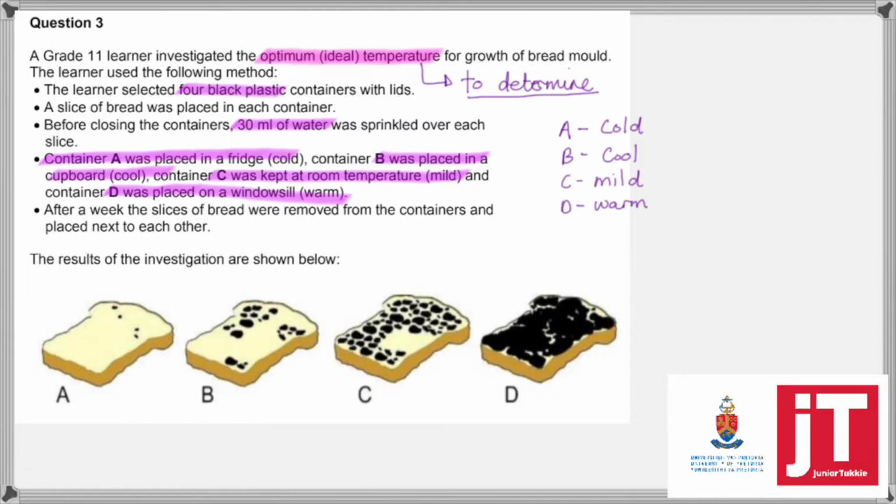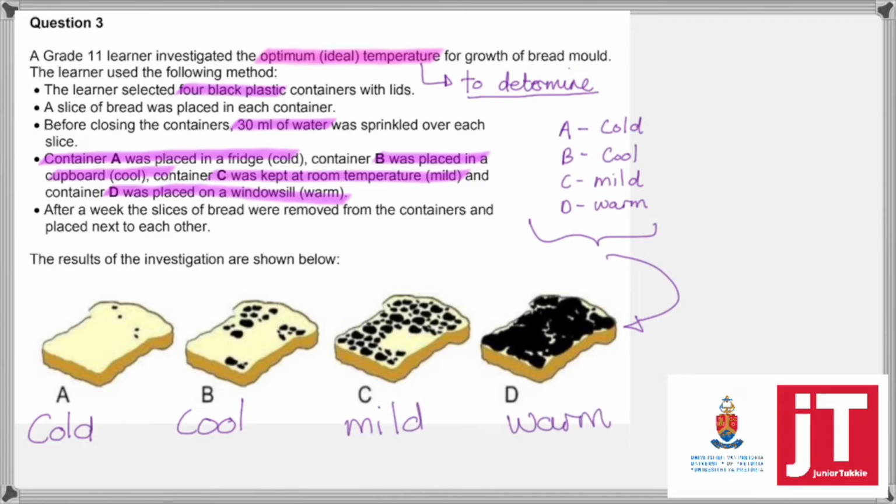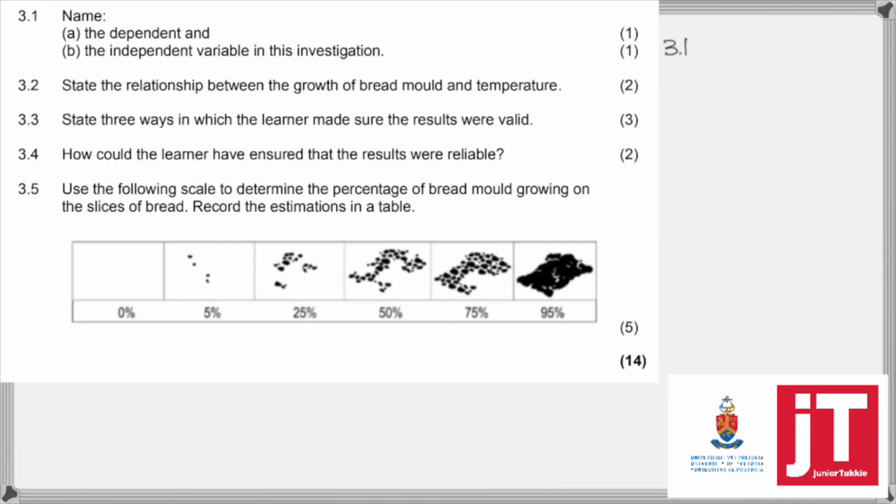Now we're going to be linking those variables to each of our bread mold growths. We can see the impact on the growth here. This is before we even get to the questions. So I've got some good context as to what the results of this investigation are going to be. Now, I'm ready to go forward and answer these questions.